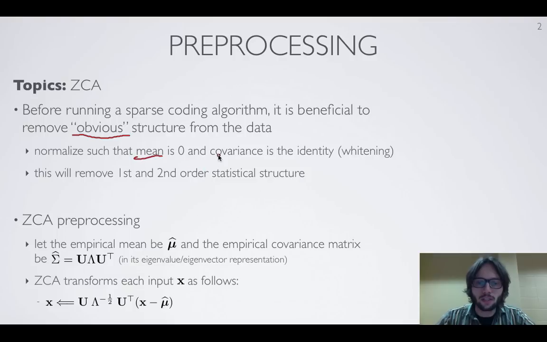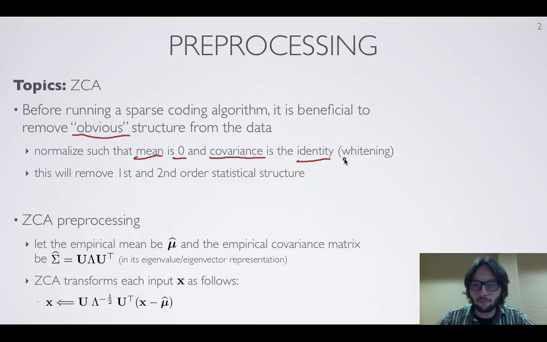And also some of the linear correlations, or the covariance essentially of our data, is also not a kind of statistical structure dependence that's particularly interesting. For that reason, what we often do in ZCA preprocessing is just remove the mean and also do preprocessing such that the empirical covariance of our data is going to be the identity, which will mean that the covariance between the elements of the vectors in the preprocessed data is going to be 0, and the variance of each element in our preprocessed data is going to be 1.